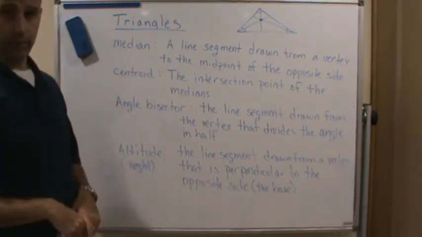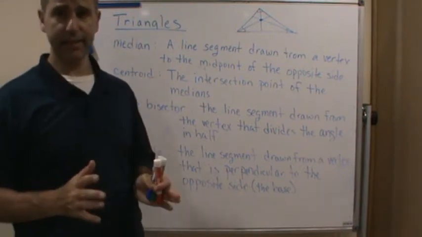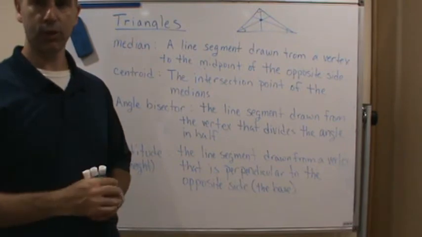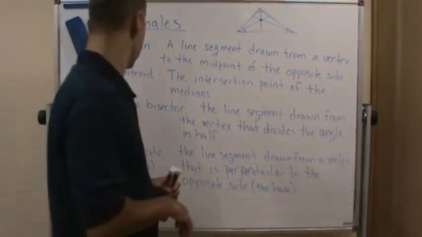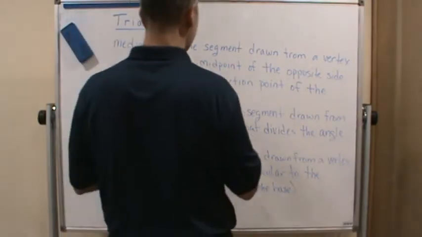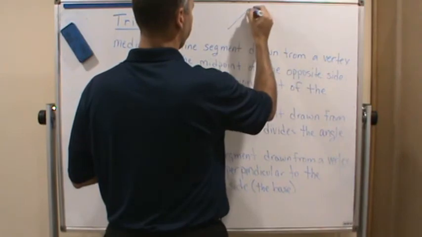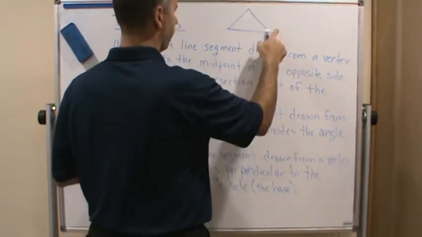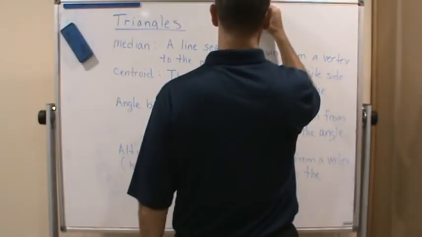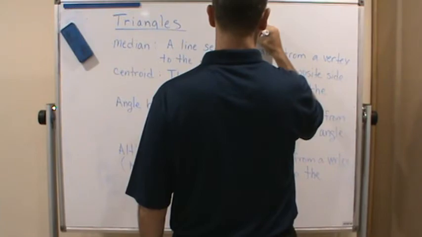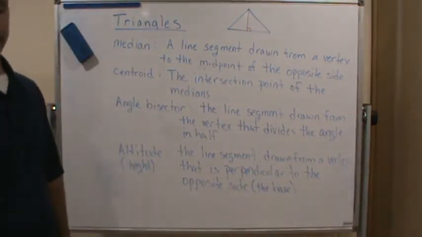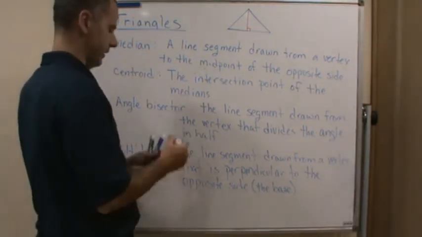An altitude. An altitude is a line segment, again, drawn from a vertex that is perpendicular to the opposite side. Okay. So again, take our triangle. And I can draw an altitude from here, and it creates a right angle, so it's perpendicular with the opposite side.